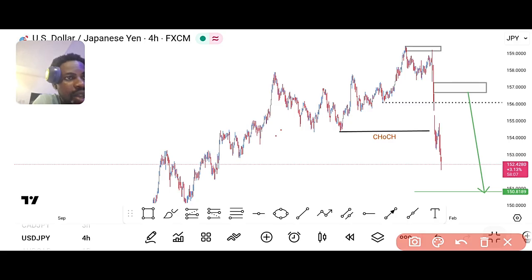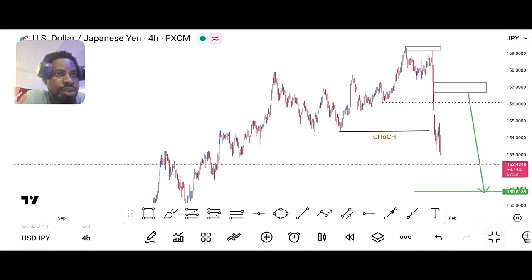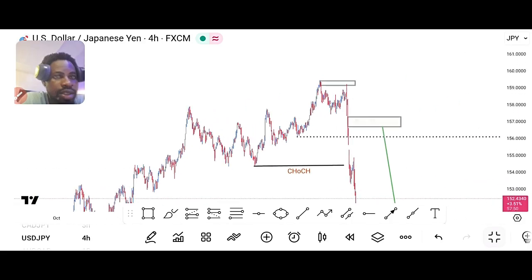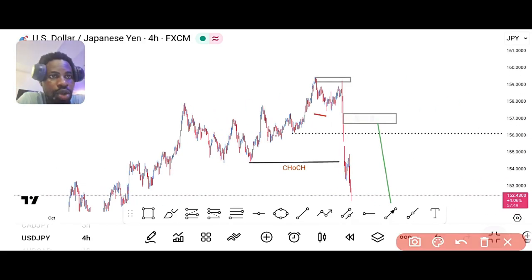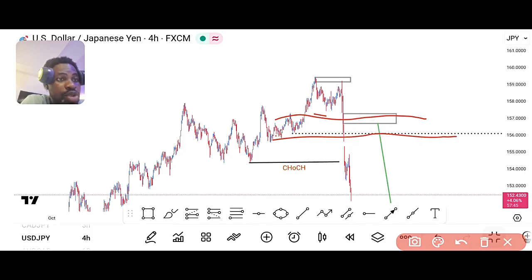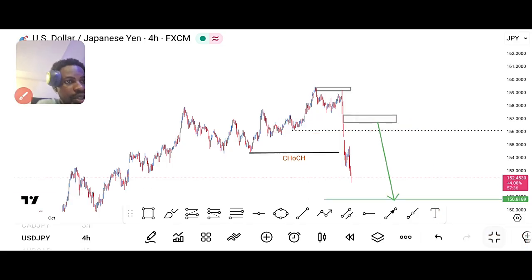That's why I'm having struggles explaining with these tools. So once we have a pullback into this area, then we look for a short entry, start selling down to the downside. So that's actually what I'm expecting on USDJPY.